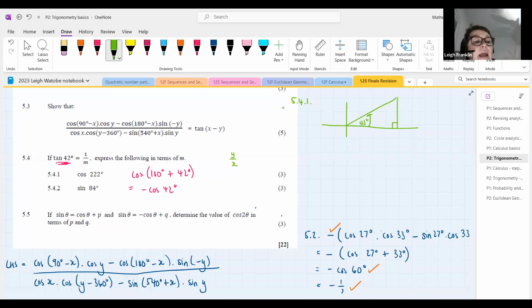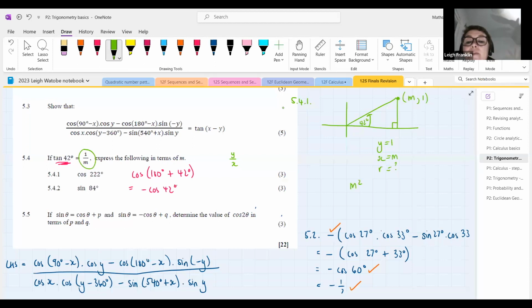So they are telling us with the ratio over here that y is equal to 1 and x is equal to m. So at the end over here, our coordinates are m and 1. What's missing is r. So we're going to do the theorem of Pythagoras.